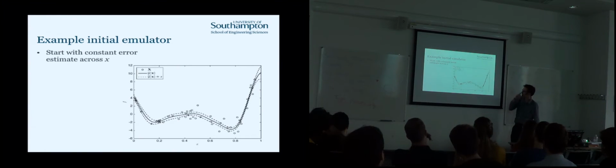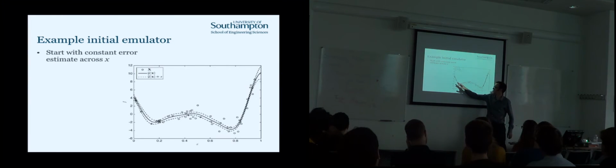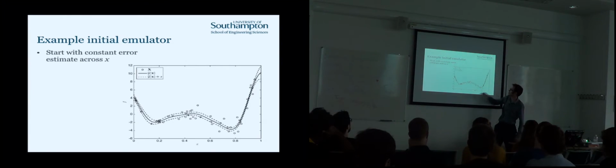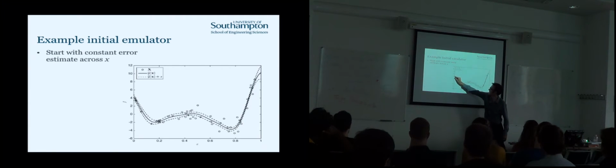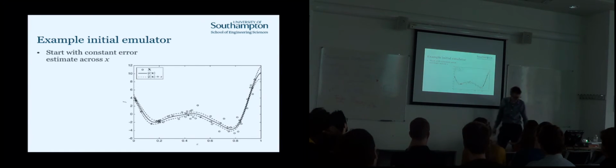So this is an example of trying to figure out what the regression term should be for this same problem, and I've got a whole load of data in here to begin with, and if I use a constant regression term I get this mean fit here, and this is my error around it.